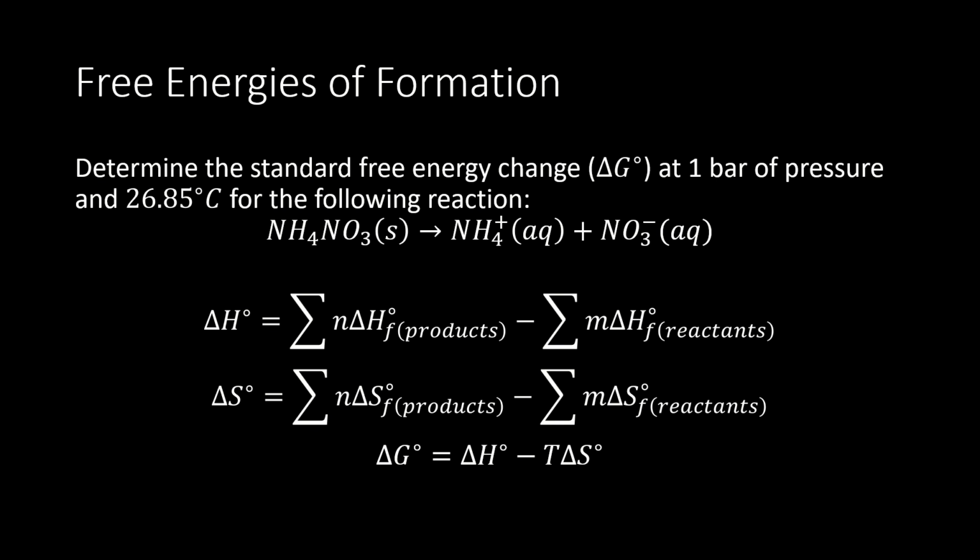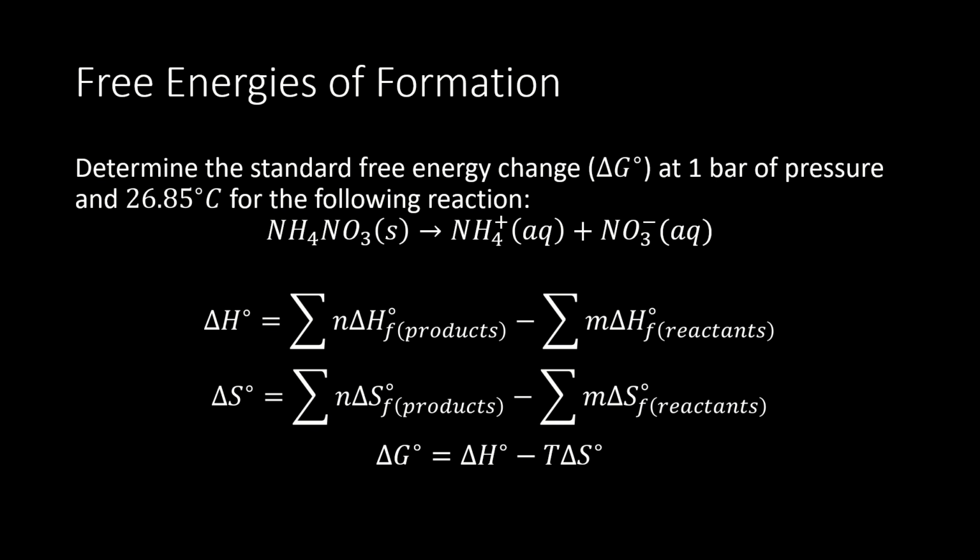Essentially, there is some discrepancy between whether standard conditions are, say, 1 atmosphere and perhaps around 25 degrees Celsius, or sometimes it's considered 1 bar of pressure around 26.85 degrees Celsius. 1 bar and 1 atmosphere are around the same, and 25, 26 degrees are around the same temperature. Don't get too stuck on that.